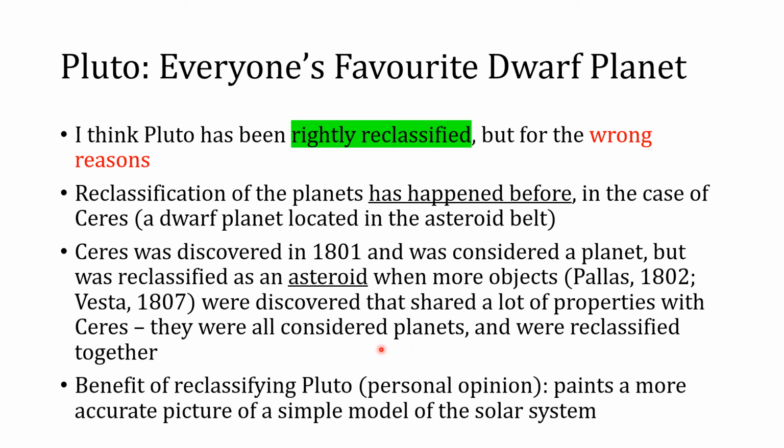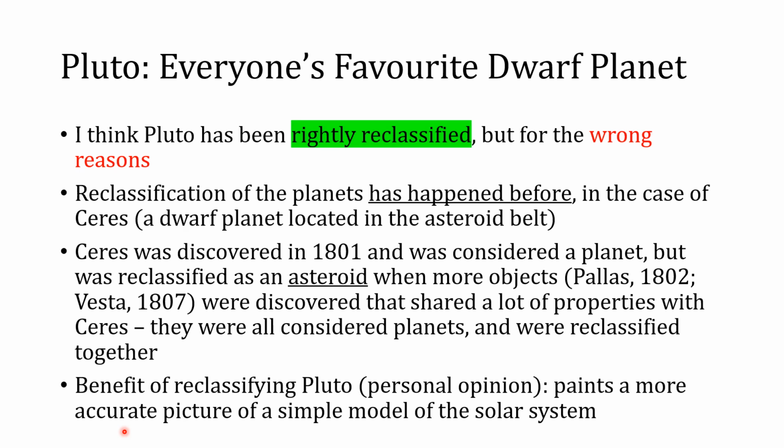And Ceres ended up being reclassified to a dwarf planet with that new definition of a planet on the previous slide, just like Pluto got reclassified to a dwarf planet. But basically, Ceres was a planet, Pallas was a planet, Vesta was a planet, probably Juno was also a planet, and then they all got reclassified, because the astronomers of that time had found enough of these objects between Mars and Jupiter that they realized these are all too similar to each other and too different from the stuff on both sides of them.